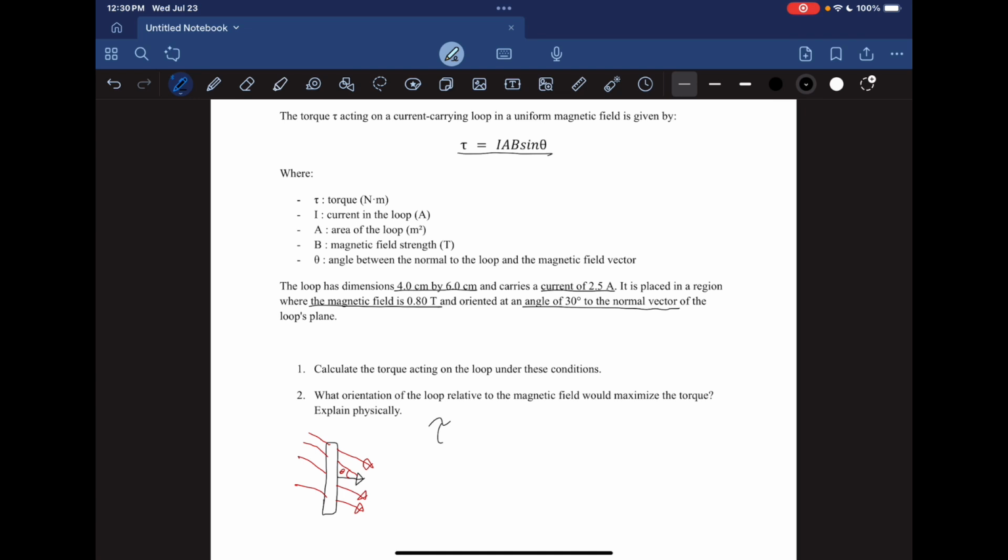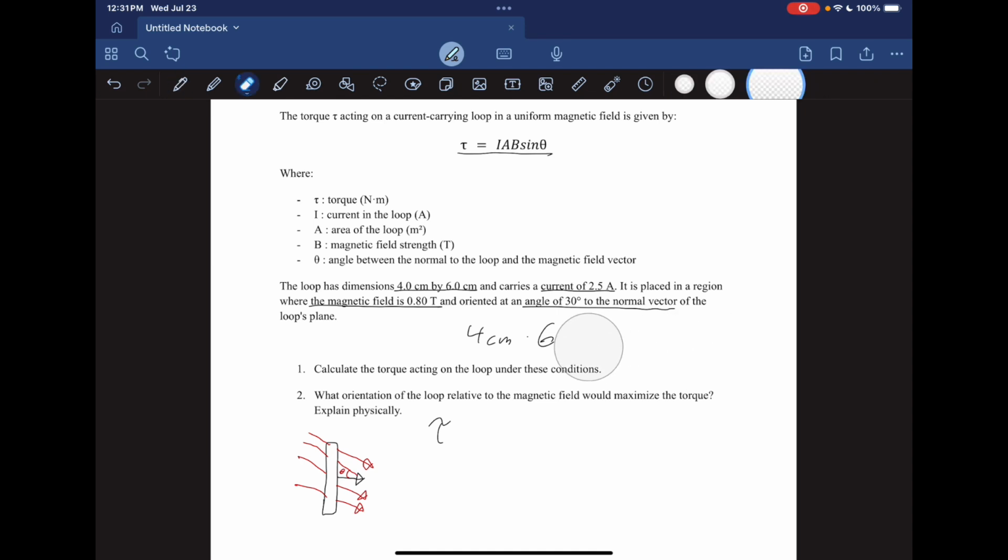And this is, I cannot recommend enough converting to meters before you do everything. Because let's say you do 4 centimeters times 6 centimeters, you're going to end up with 24 centimeters squared. And then you're going to have to convert from centimeters squared to meters squared.